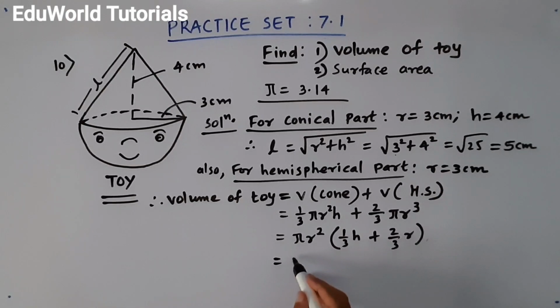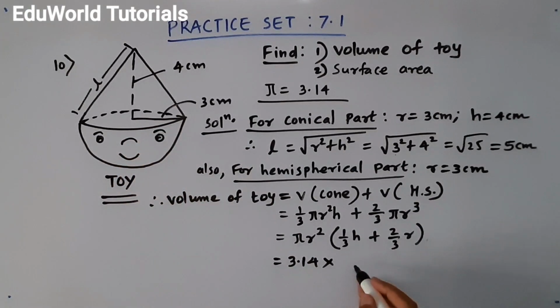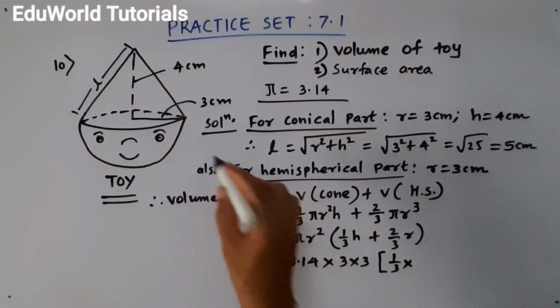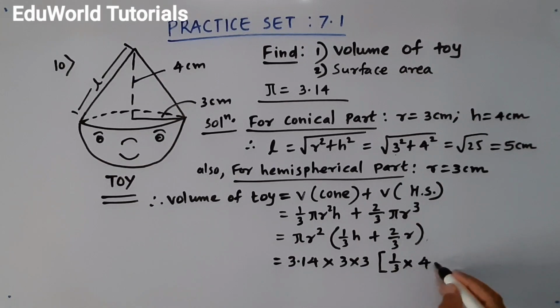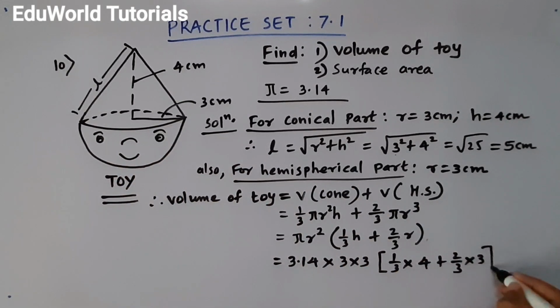Pi value is 3.14 into r, radius of either cone or hemisphere is same, 3, radius square, so 3 into 3. Then inside bracket 1/3 h, h is the height of the cone which is 4, plus 2 upon 3 into radius, radius of the hemisphere is 3. So be very careful now for the calculation part. 3.14 into 9.